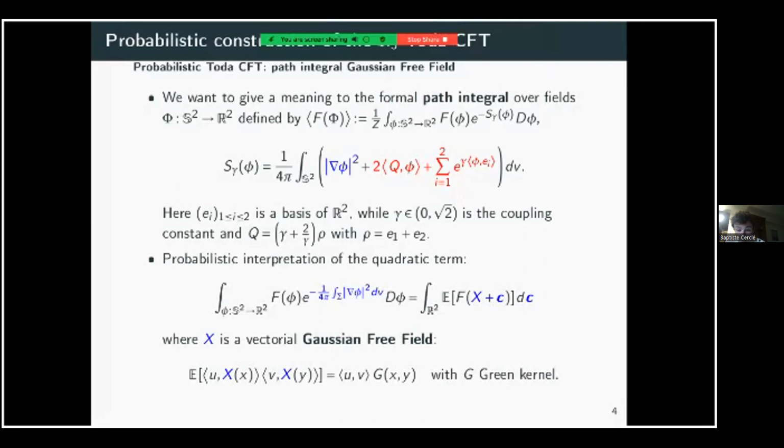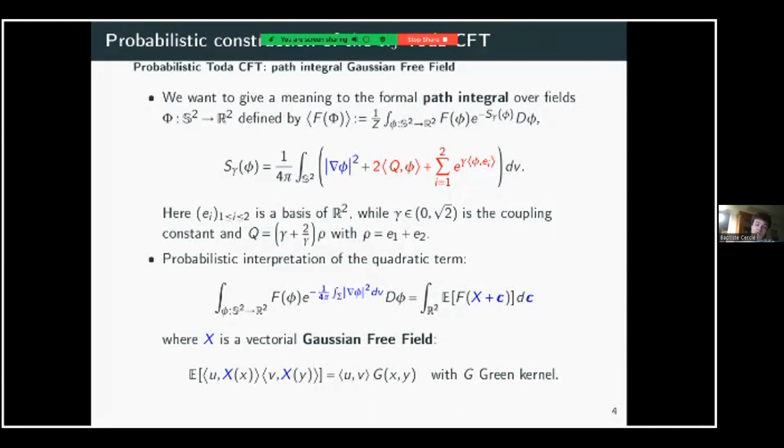And then, what is common is to split the action into two terms. The first, the quadratic term, which is in blue, corresponds to a Gaussian measure, so you can interpret it in terms of Gaussian free field. And here we will interpret it as the probability law of a vectorial Gaussian free field, so a two-dimensional Gaussian free field.